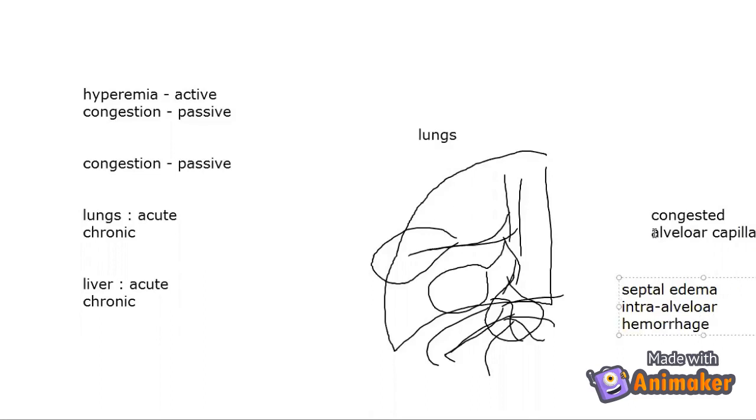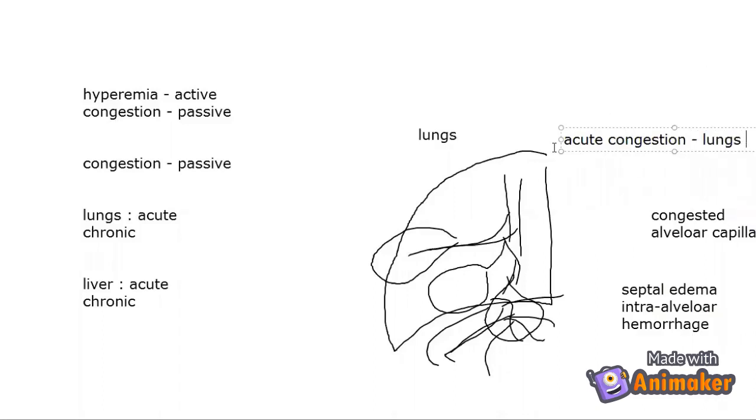So the blood will leave the alveoli and it will collect in the intra-alveolar space. These are the cases that will happen in acute congestion that is occurring in the lungs.